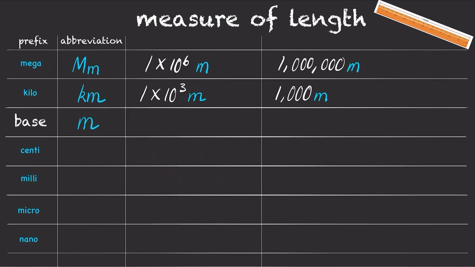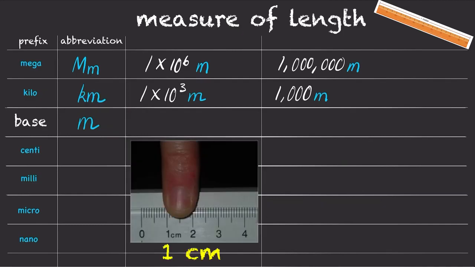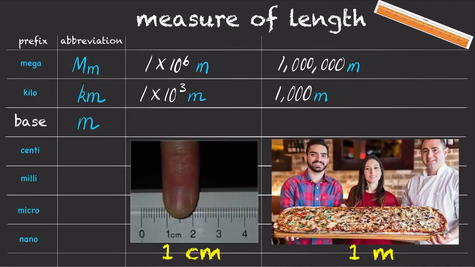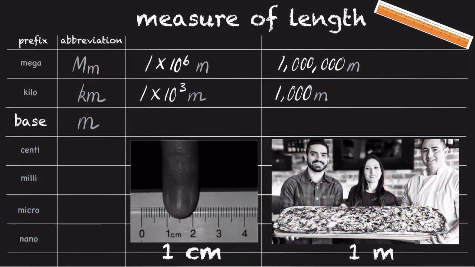The width of an average finger is 1 centimeter, and we know that centimeters are smaller than meters. In fact, it takes 100 centimeters to make up 1 meter. In other words, 1 centimeter is 1/100th of a meter. Since 1 meter equals 100 centimeters, we can write this as a ratio, 1 meter over 100 centimeters, but 1 over 100 is 1 over 10 to the second.